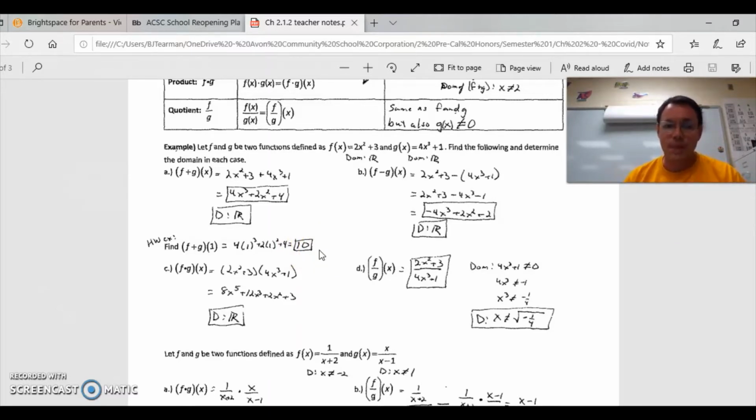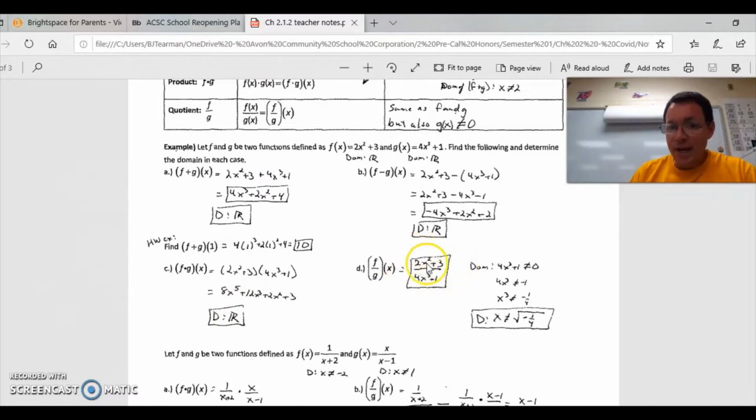Okay, for c, we multiplied the 2. So they're both binomials, so I had to FOIL them out. I wrote my answer in descending order. I've got the x to the 5th, the x cubed, the 2x squared. If you flip the 2 middle ones and you didn't do it in descending order, it is not the end of the world. Okay, but again, that has a domain of all real numbers. But d doesn't.